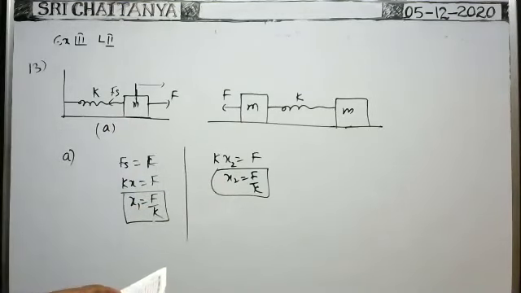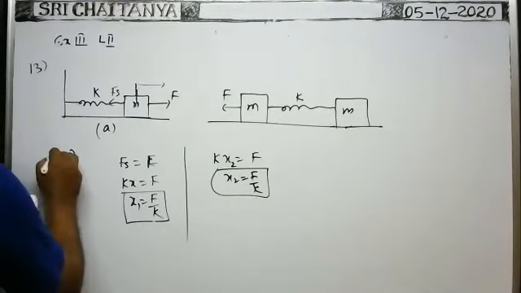But the first option says the maximum extension of the spring is more in case A than in case B. Both are the same, so that is not correct. So option A is not correct.